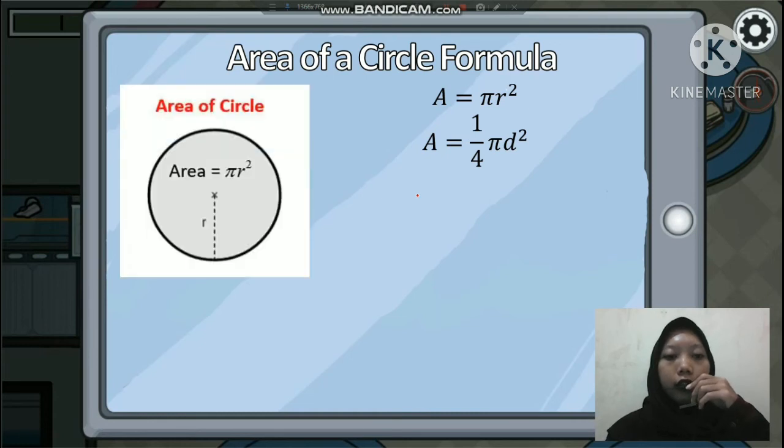Okay, this is the area of a circle, which is different from the circumference of a circle.